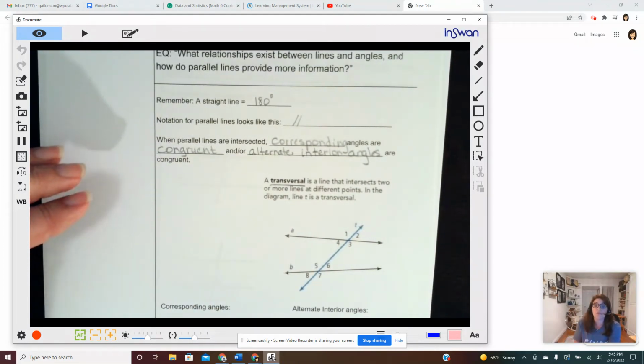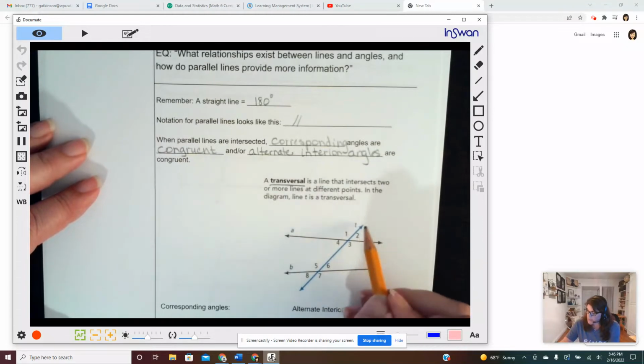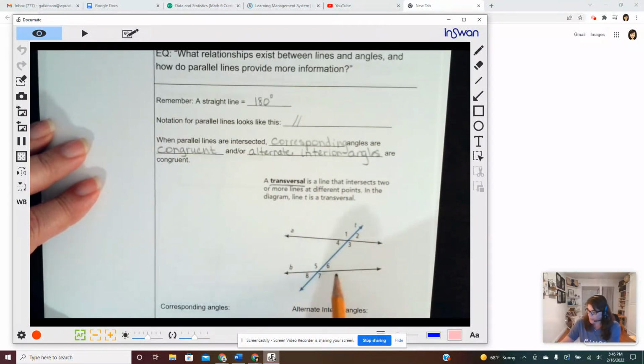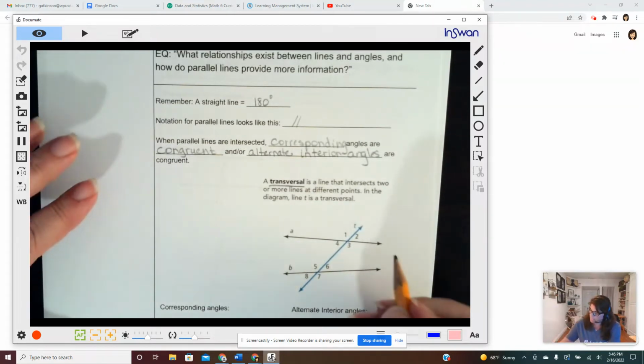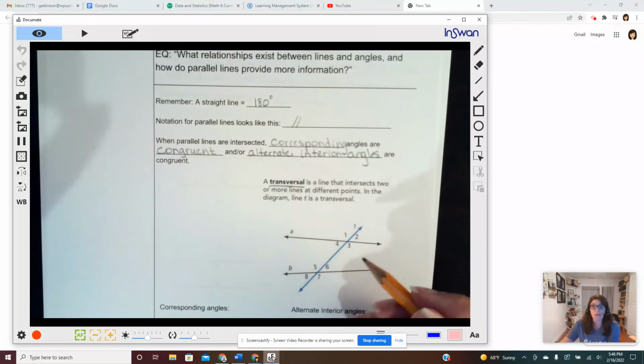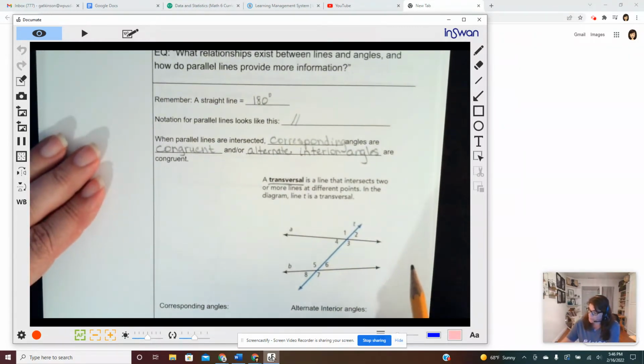It intersects two or more lines, like every intersection we drive across on a road. T is the transversal. A and B are lines that are not parallel to one another, but they do create these angle relationships that we're looking for.